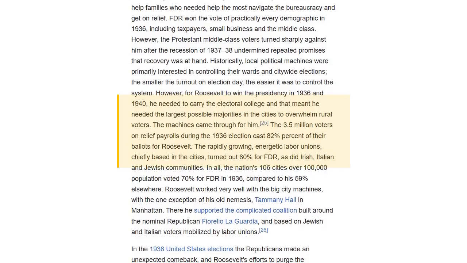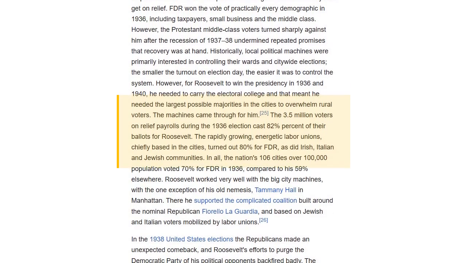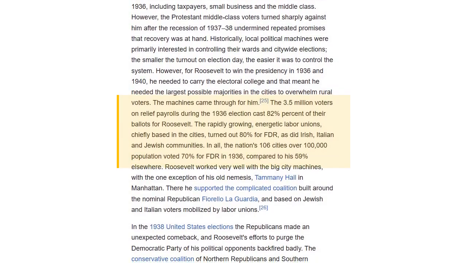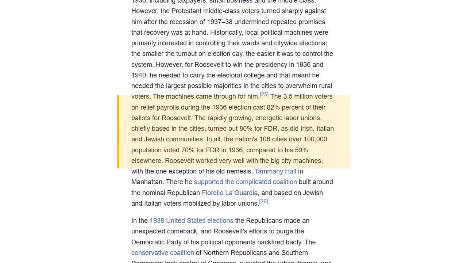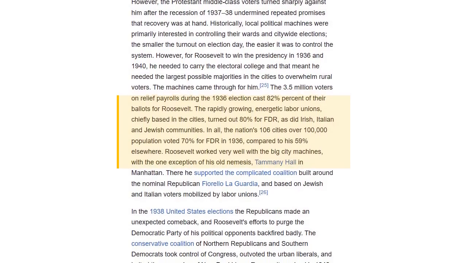The 3.5 million voters on relief payrolls during the 1936 election cast 82% of their ballots for Roosevelt. The rapidly growing, energetic labor unions, chiefly based in the cities, turned out 80% for FDR, as did Irish, Italian, and Jewish communities.